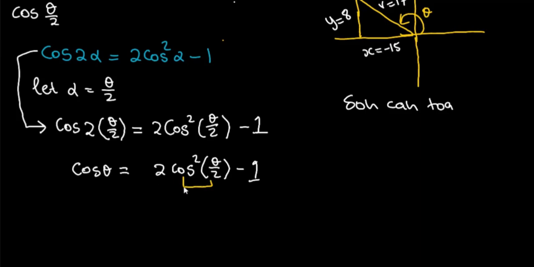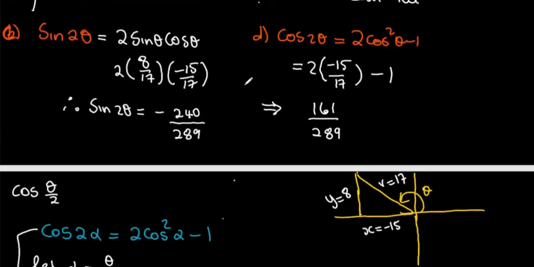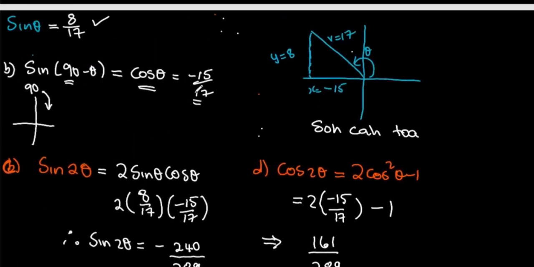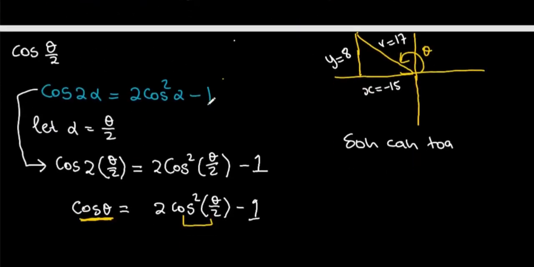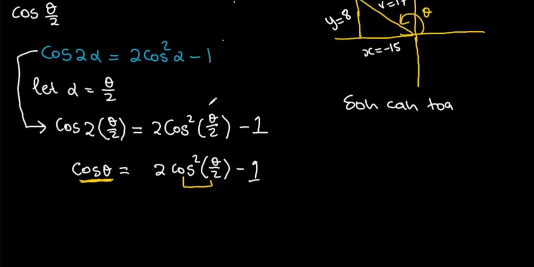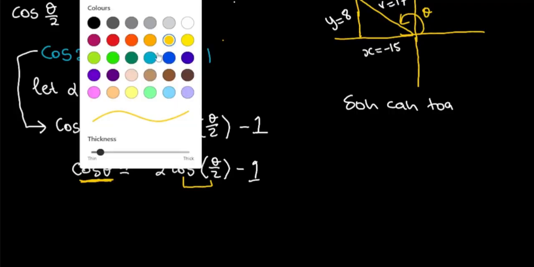So now how can we solve this? Remember, we know what cos theta equals. The cos of theta was given in the question. It was given as minus 15 over 17. So where there's cos theta, I'm going to substitute minus 15 over 17.